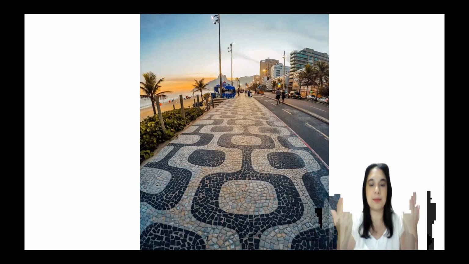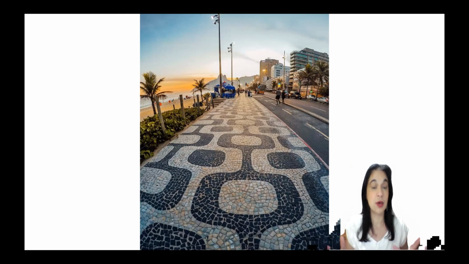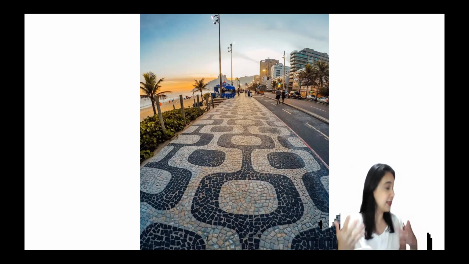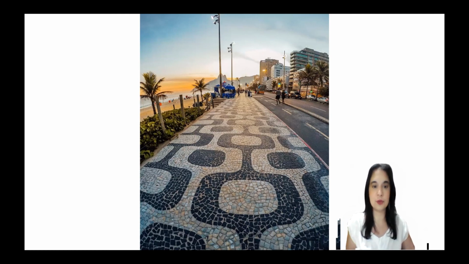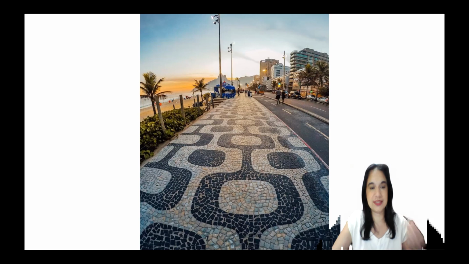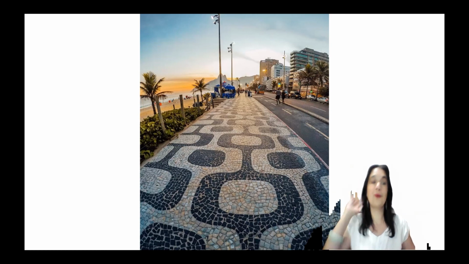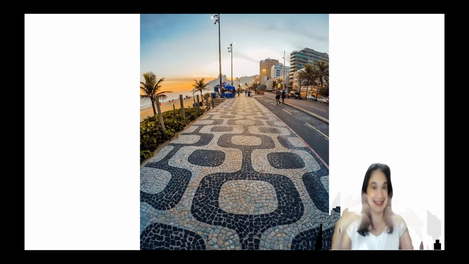So that made Ipanema famous in the 1950s when Bossa Nova came along. So in the 1960s, the landscape artist Renato Primavera Marinho designed, of course, a mosaic drawing for the sidewalk of Ipanema as well. Why not? It's becoming famous and it's a trendsetter.